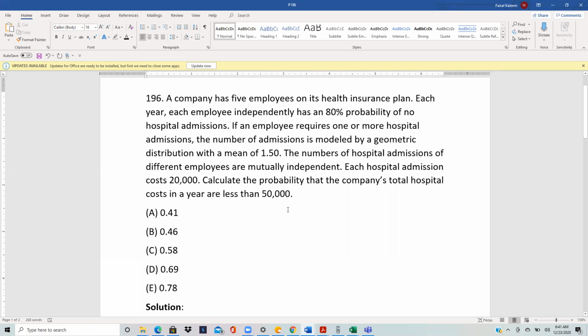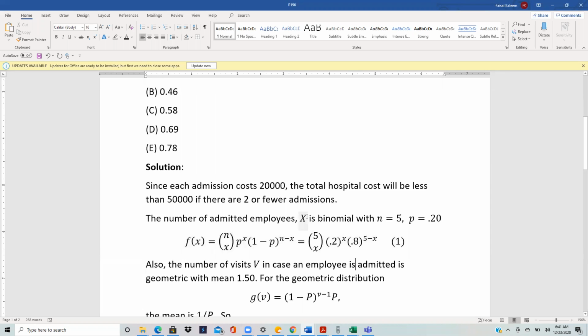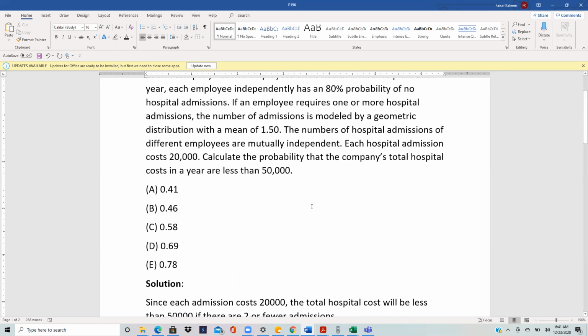So now the next thing is the number of admitted employees. There are 5 total employees, and the number of admitted employees, admitted meaning admitted to the hospital, is binomial. N is 5 because there are 5 employees, and P is 0.2 because we are told that there's 80% probability that an employee will not be admitted.